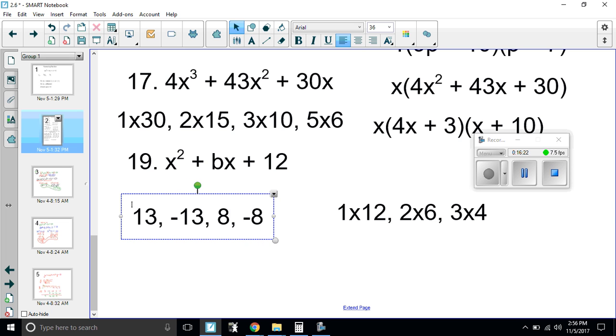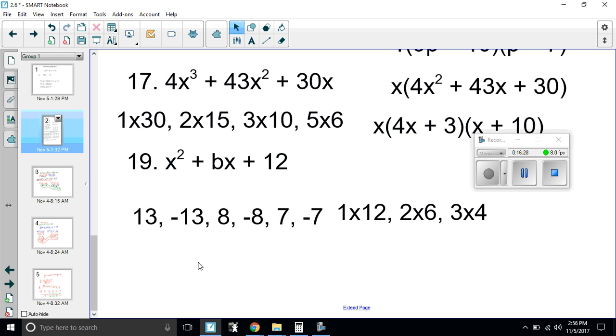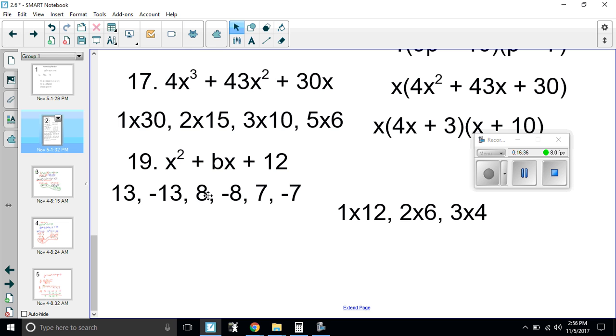And then I believe we could have 7 and negative 7. I'm pretty sure all those values will work. You might be able to find more, maybe not, or maybe you found that I was wrong on one of those when you try it yourselves, which is fine. I'm human too, I'll make mistakes.